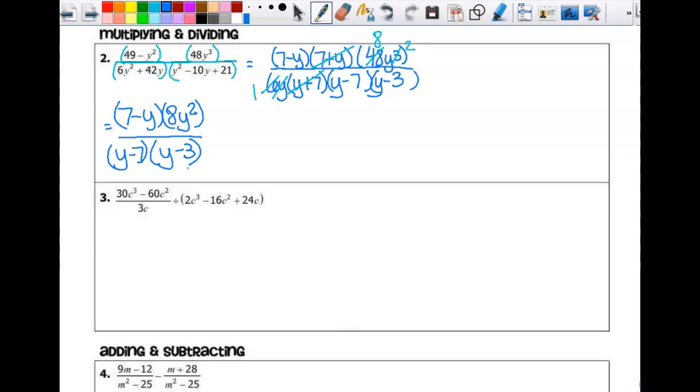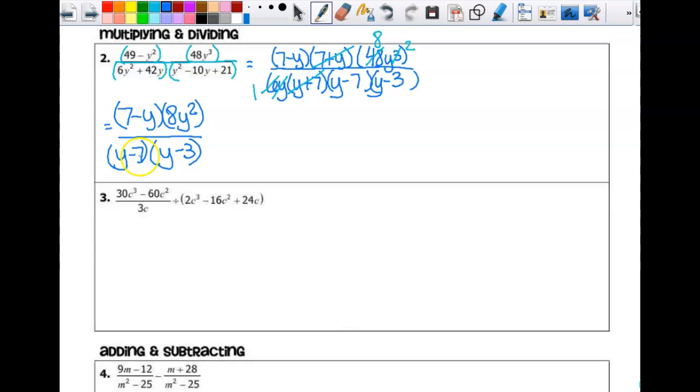Okay. Now, I can manipulate this a little bit so that I can reduce more. What could I do in the beginning there? What could I do in the numerator so that I could actually reduce these here? I need y minus 7.